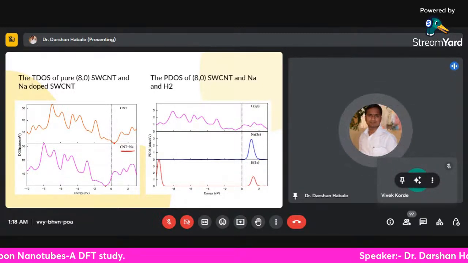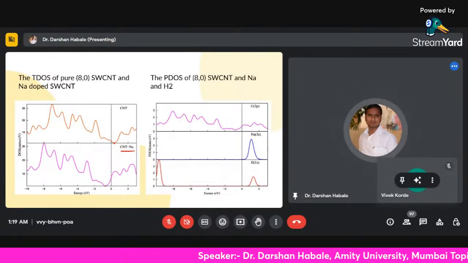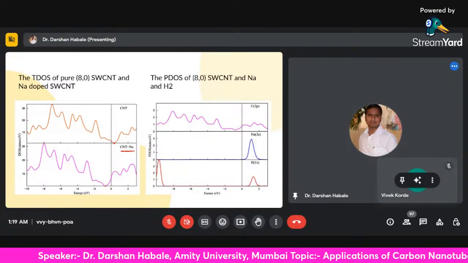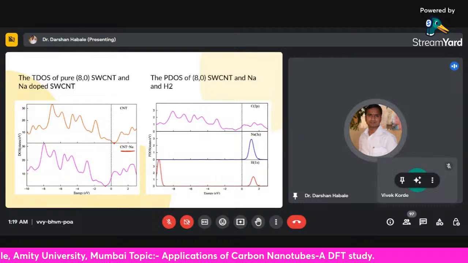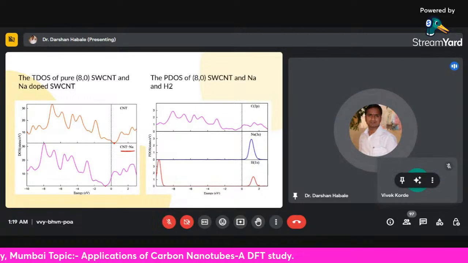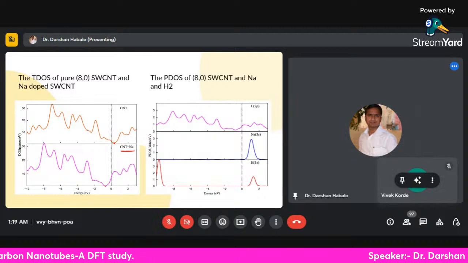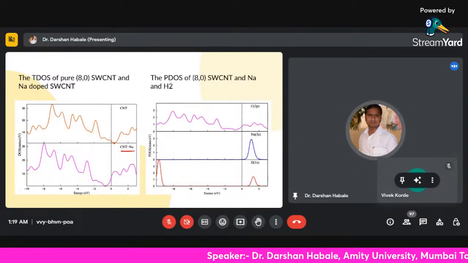Here you can see there is a peak at 9.5, which is far below the entire carbon 2p orbital, because the carbon 2p orbital has its peak somewhere here, but there is no matching at all over there. Hence, there is no further lowering of carbon 2p eigenvalues as compared to the SWCNT system. These are the conclusions from the total density of states and partial density of states.